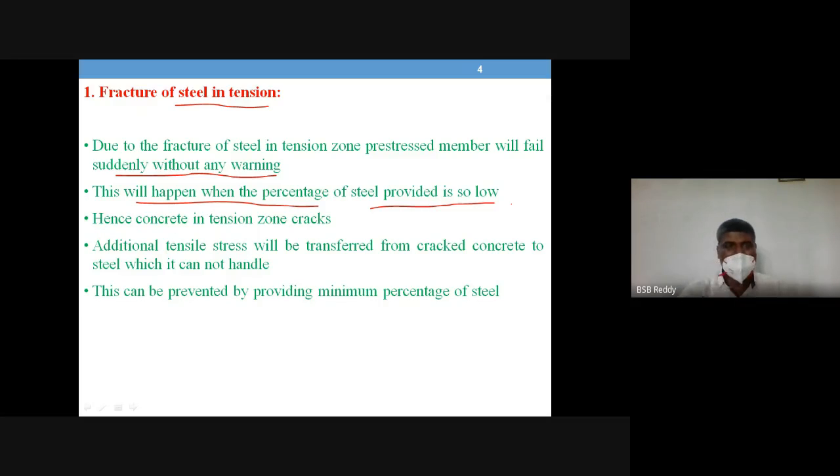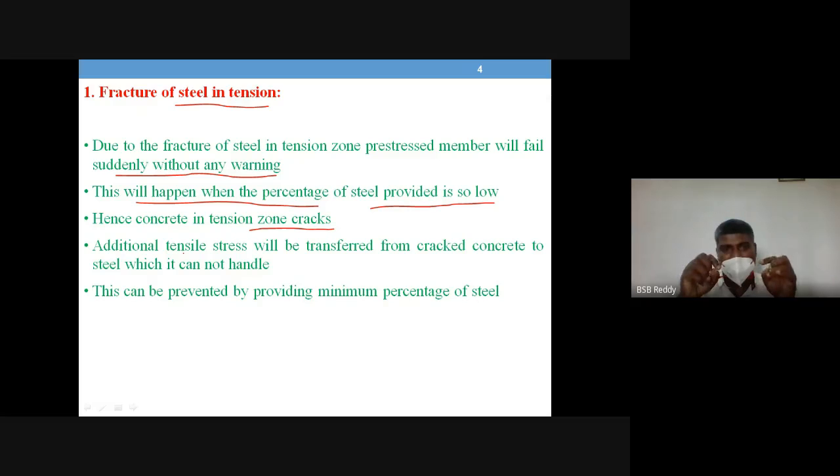So this failure type happens if you have a pre-stressed concrete member in which the steel provided in the tension zone is very low. Hence the concrete in the tension zone cracks, with additional tensile stresses.